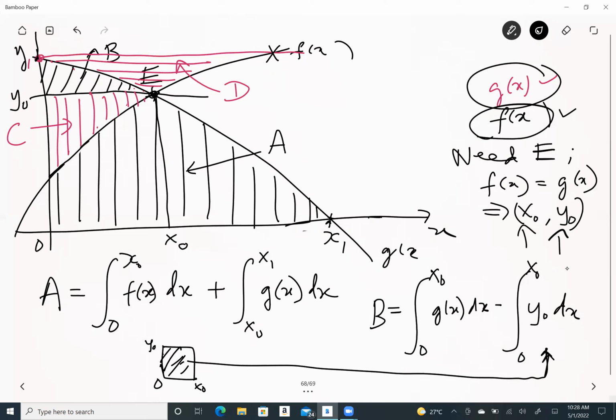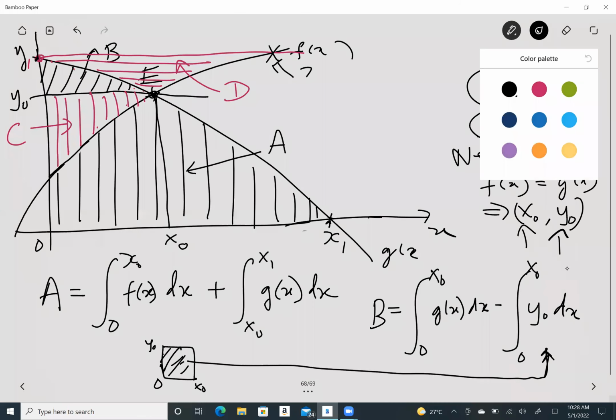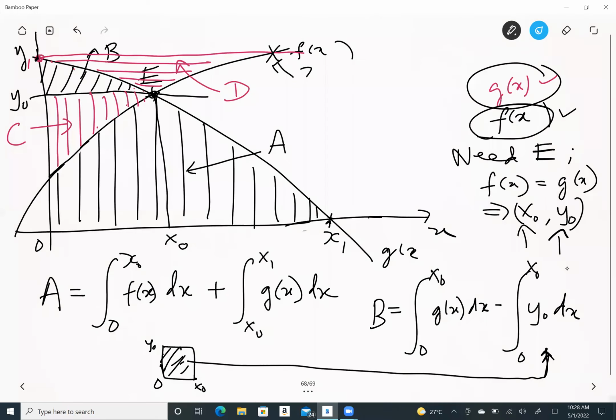So you need to find that point. I want to find the point because I need the corresponding value of x. How can I find the value of x?